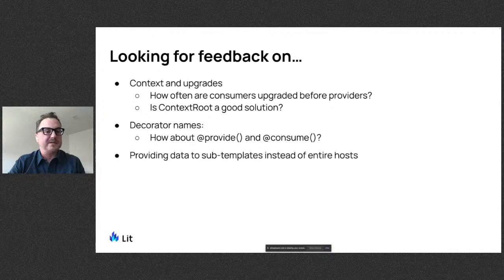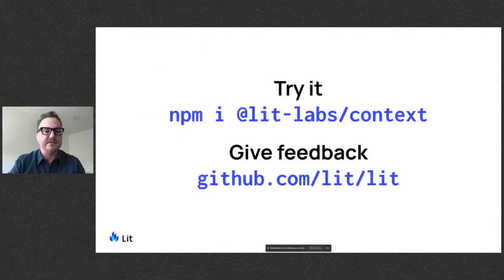What do we think about renaming them to maybe provide and consume? And then also, we don't have the ability to provide data to separate sub-templates inside of an element, just an entire host element at a time. We need to see if people really need that or if what we have right now is sufficient.